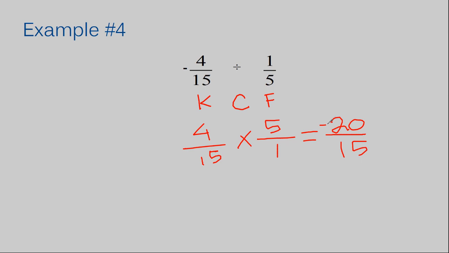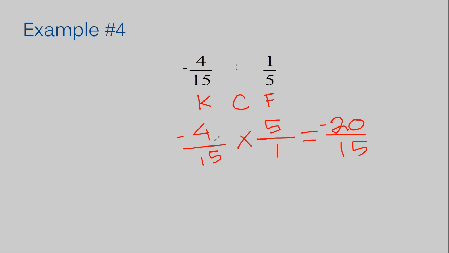This is still negative because this negative could be brought down right here, and again, when you're multiplying, you're going to use this negative sign only one time. You're not going to treat the 4 as negative and the 15 as negative when you're multiplying across. So we're just going to choose the 4 and say 4 times 5, and I'm remembering the rules for multiplying negative integers.